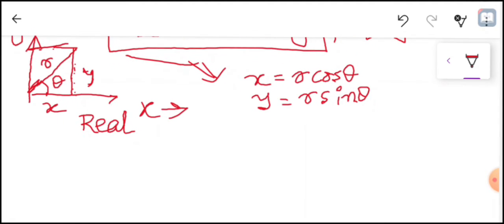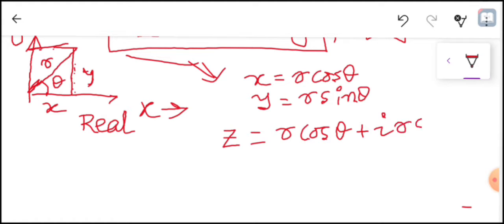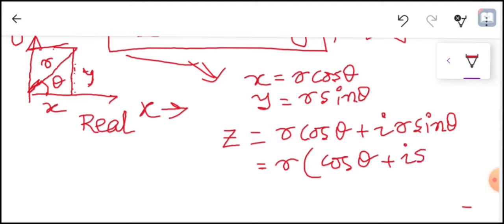So z becomes r cos theta plus i r sin theta. If we take r common, we get r times cos theta plus i sin theta. This is the expression of the complex number in polar form.